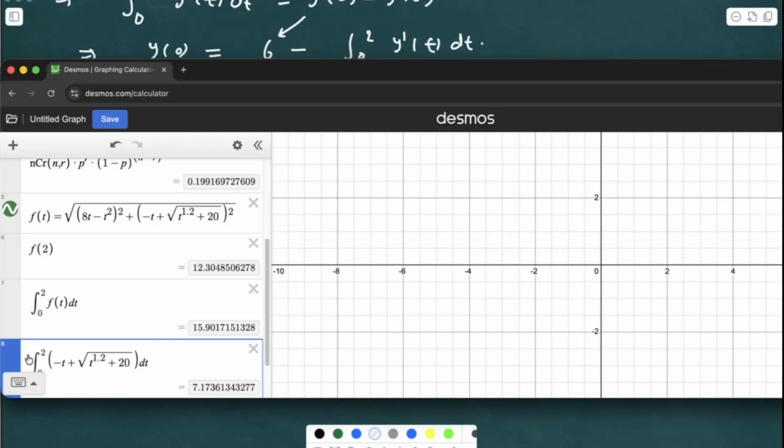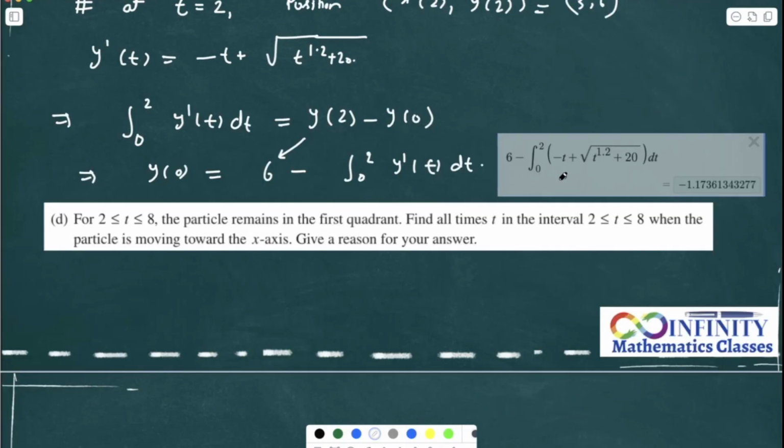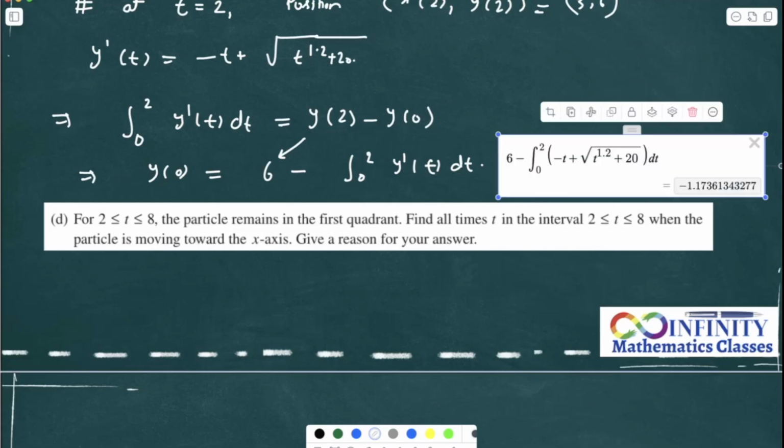It is 6 minus, and the answer is like 1 point something something. So this is the answer I'm getting. Can you please check? Any doubt? No. Perfectly. Okay. So this is going to be the C part for you.